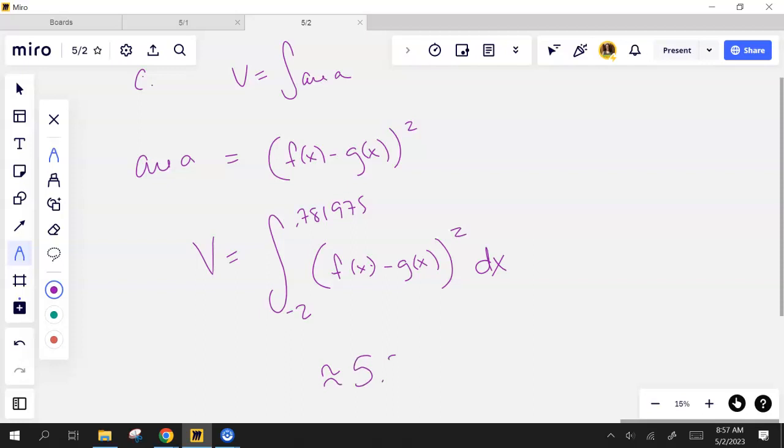I don't have any units, so I can just put 5.340. That was 2 points, 1 point for the integral, 1 point for the answer. You see how they want you to rely on the calculator. If they let you use the calculator, make sure you are using it, because that's what it's there for.